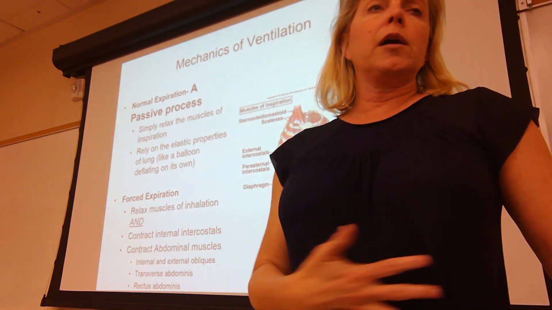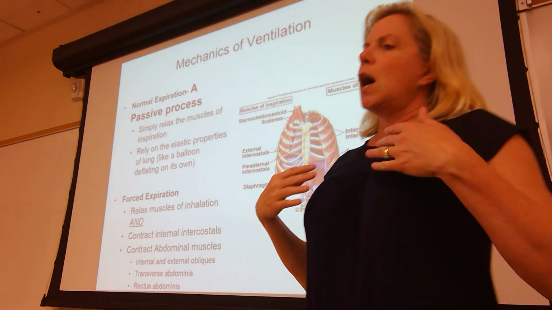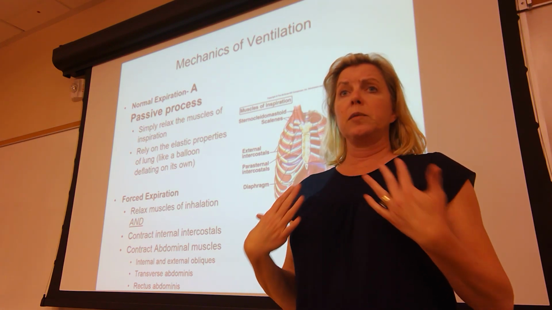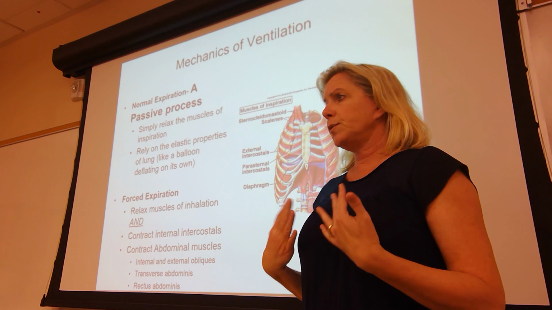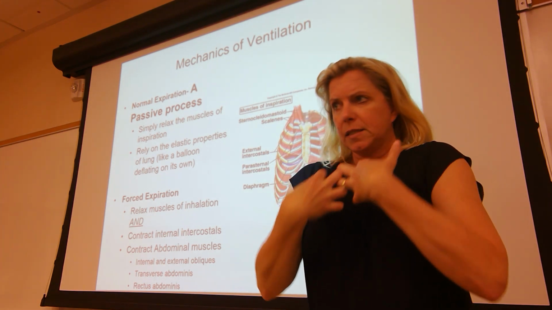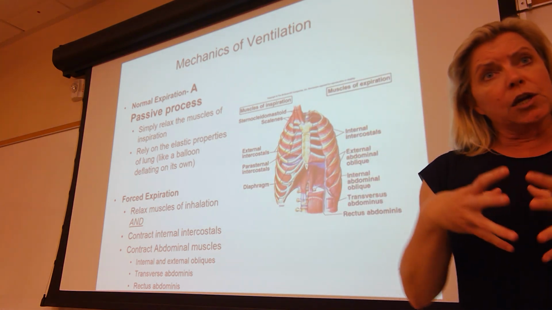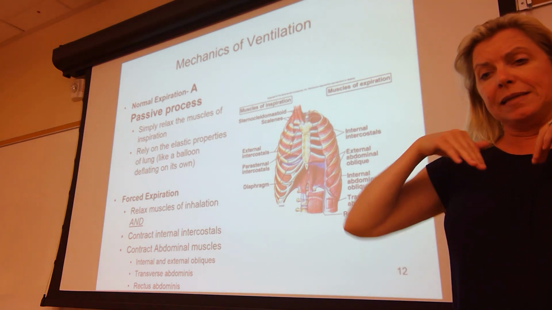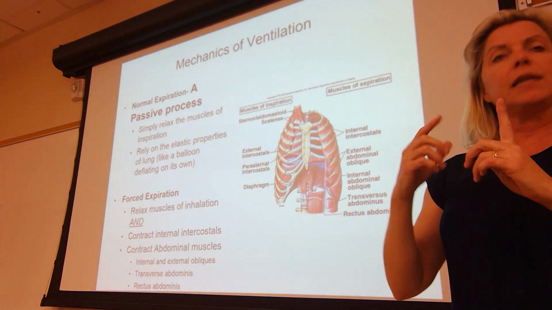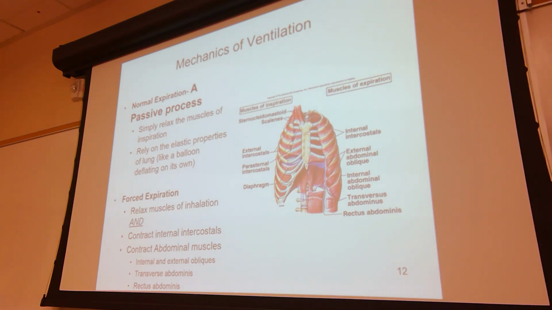We're going to recruit our abdominal muscles, our external oblique, our internal oblique, our rectus abdominis, our transversus abdominis, and we're also going to recruit muscles called the internal intercostals, which originate from a lower rib, insert on an upper rib, and when they contract, they depress down. All of this is going to decrease the lung volume, which means the air inside your lungs will now have a higher pressure, and now we get airflow out of your lungs. That's our exhale.